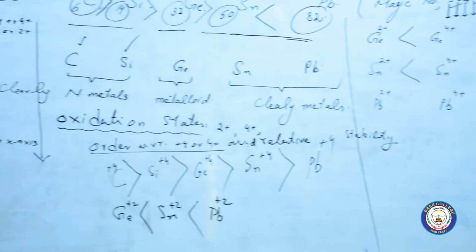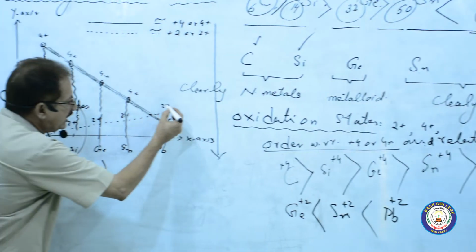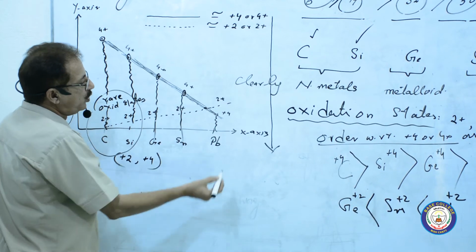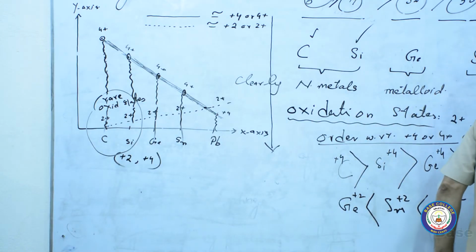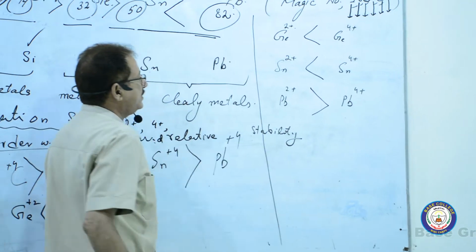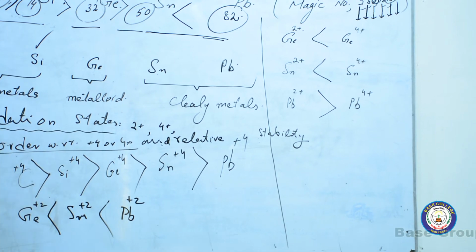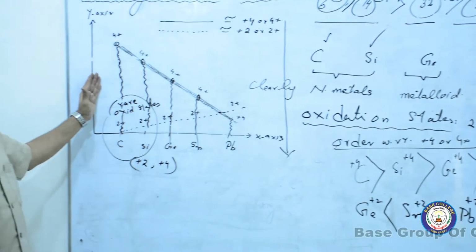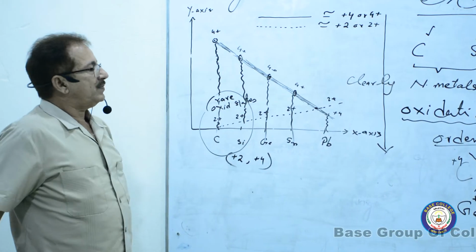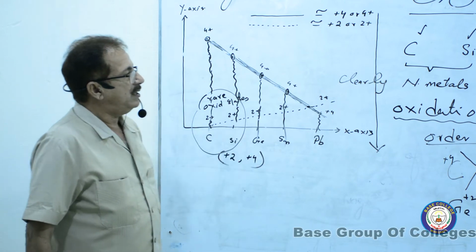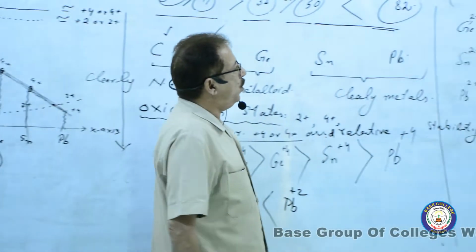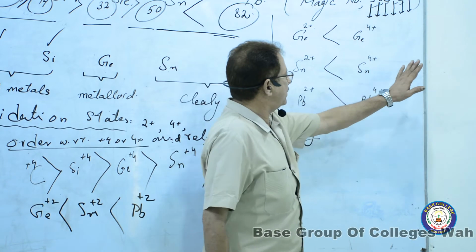When we see here Pb, its plus 2 is more stable than the plus 4. So the sign will be reversed. So this graphical representation gives us a good resolution of their orders.